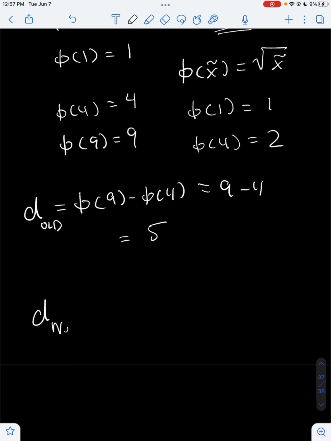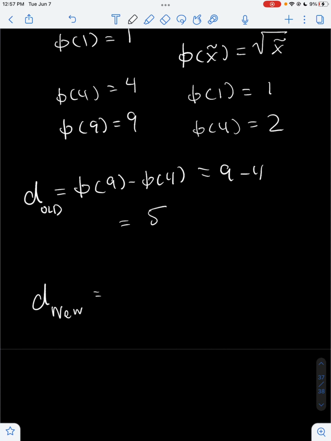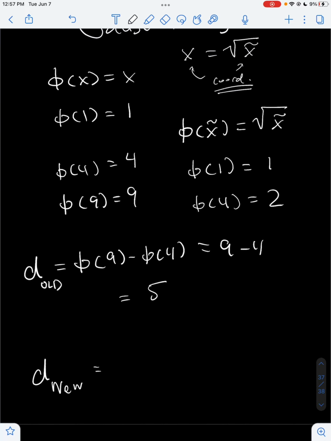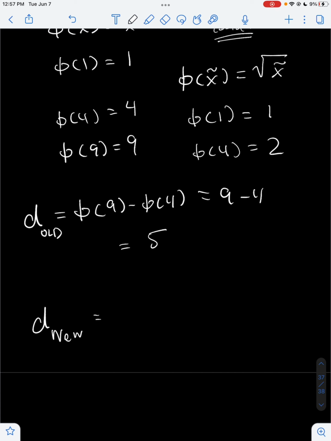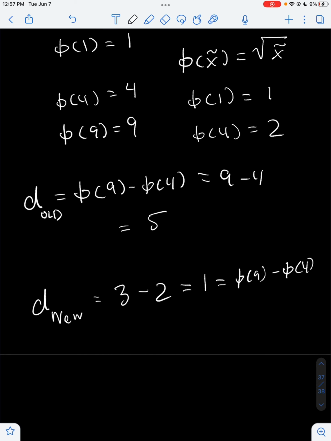In our new coordinate system, phi of 9 is going to be equal to the square root of 9, which is 3. And phi of 4 is the square root of 4, which is 2. So we get 1. So comparing two values in our new coordinate system will also be different, as expected.